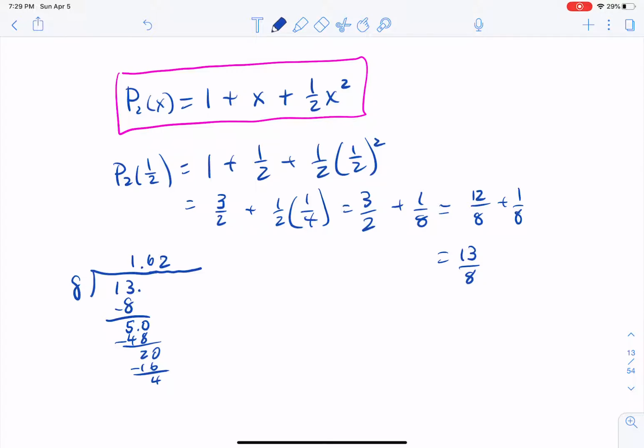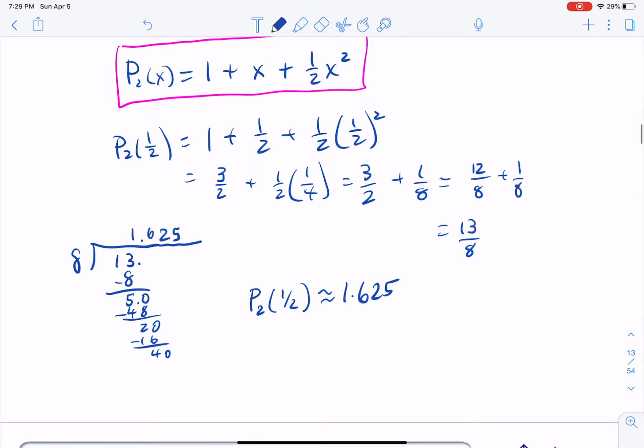Do you remember doing this? It's been a while, hasn't it? Bring down a 0, 5, there we go. So we got p sub 2 of a half is approximately equal to 1.625.